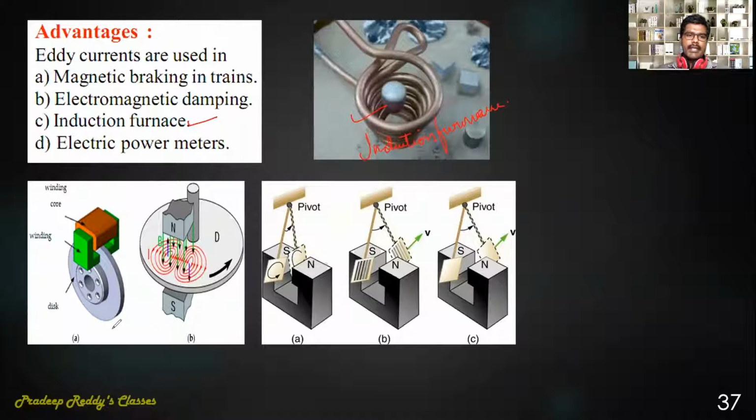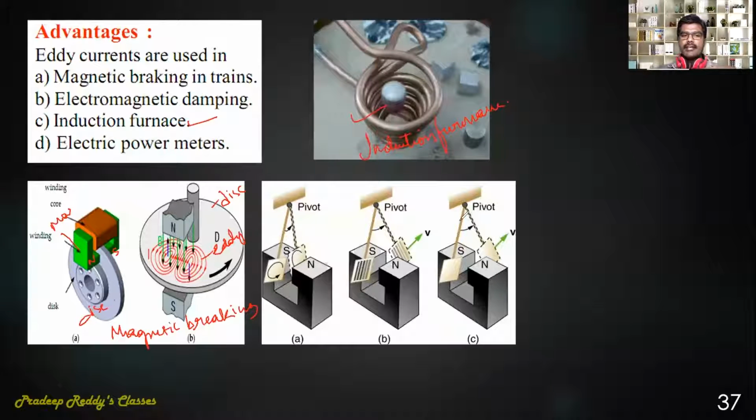And next, magnetic braking. This is magnetic braking. You are taking a disc, and this disc is rotated in an external magnetic field. See, this is the disc, and this is the magnetic field, with north pole and south pole. Whenever the disc is being rotated, eddy currents are produced here.